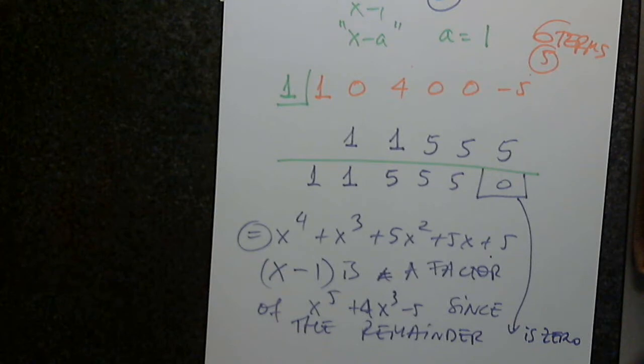Indeed, x minus 1 is a factor. Any questions? We don't have to write that part, but I may ask you, that's why I wanted to clarify it and make sure that you remember that if the remainder is 0, that is the case.